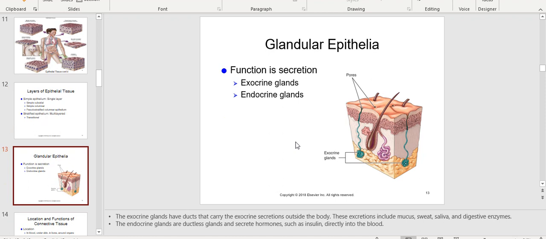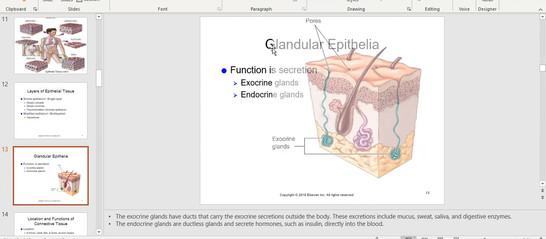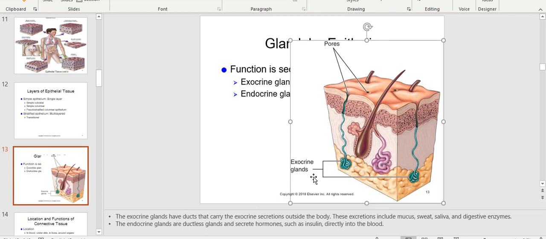Glandular epithelia. Function is secretion. So you have a look here, and you have these glands. You see these right here, and they are down below, in the lower, in the fat area.